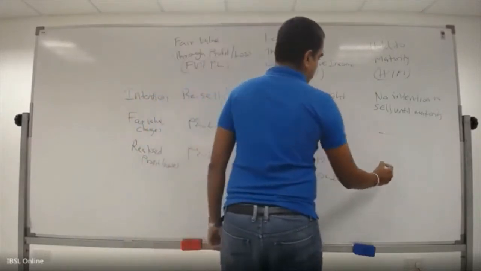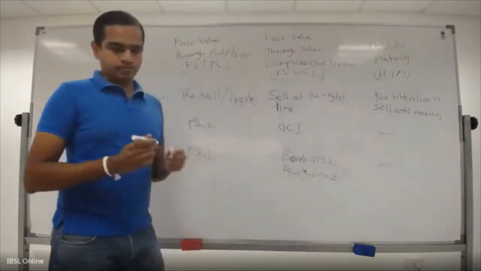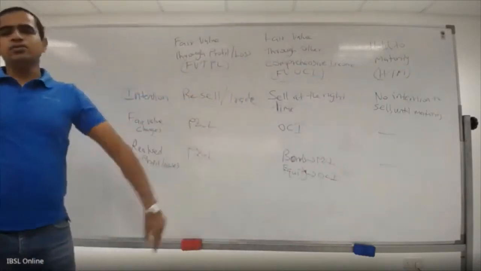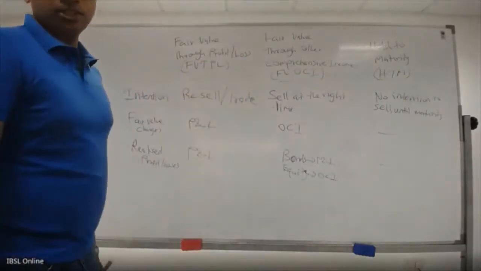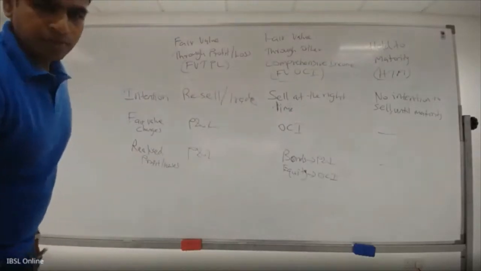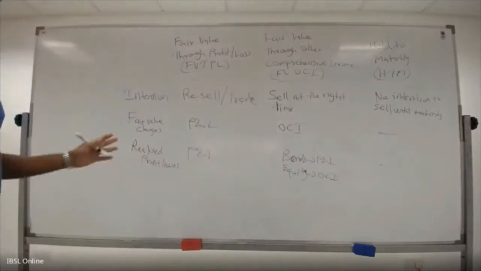Right? HTM you are not supposed to sell. So this is all you need to know. Depending on your classification, the treatment will be very different. Okay, so you need to remember this.